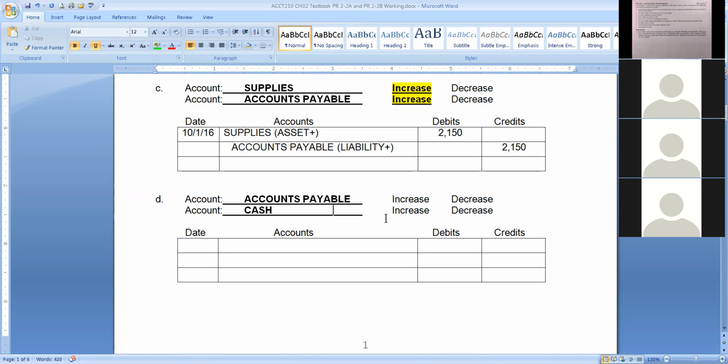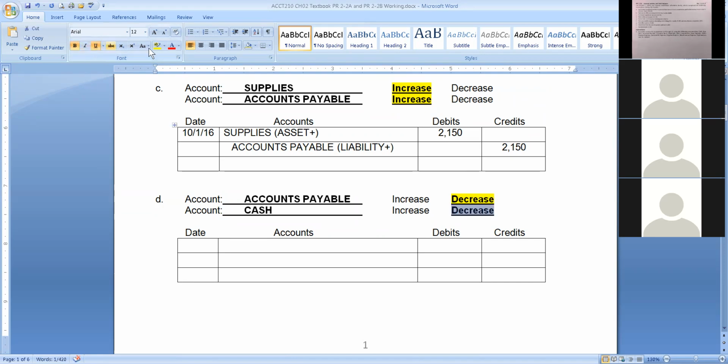Up. Close. Now this is going to be if we're paying them off. So do we still owe them as much? Okay, yeah, down. So it'll be going down. How about cash? If we're paying, down too. Yep. They're both going down.